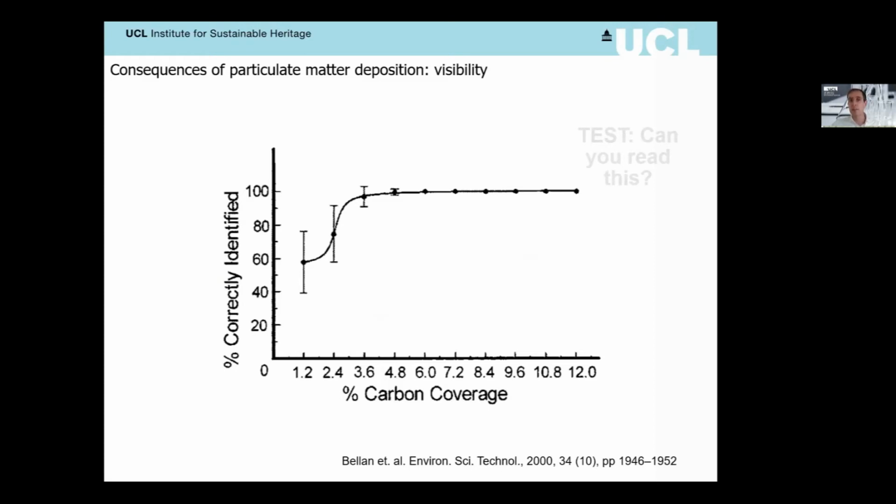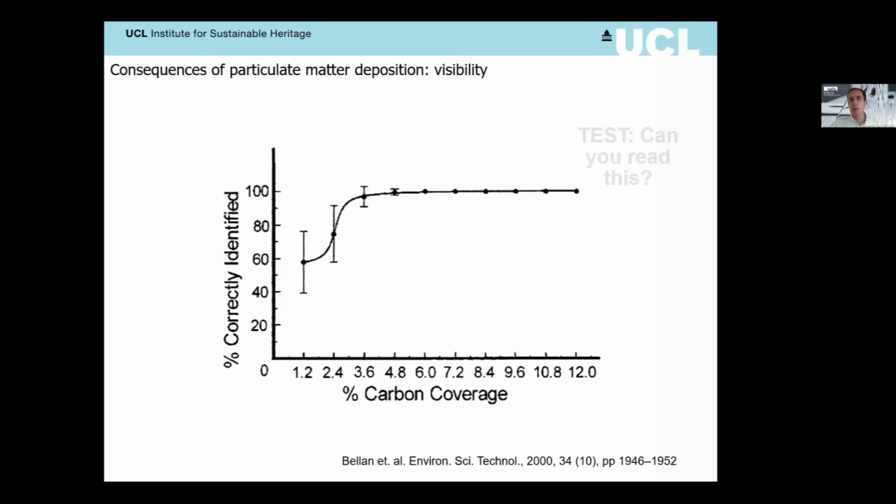The experimenters asked several participants whether they were able to see that the surface was dirty. And they changed the amount of little black dots on this surface by increasing the percentage of coverage by carbon. It's black dots on a white surface, so it's a very idealized system.